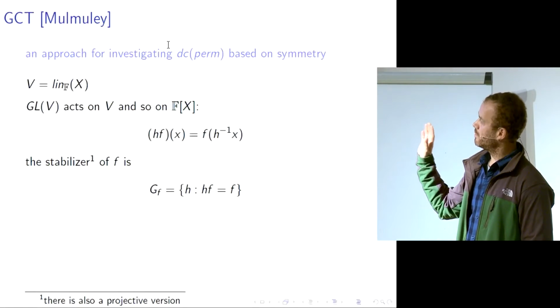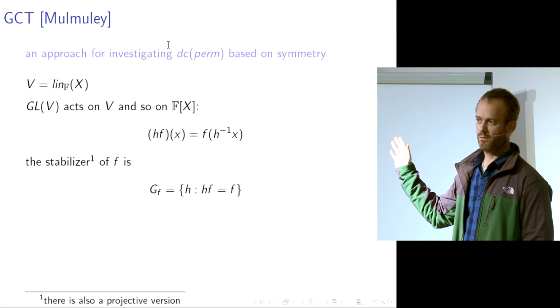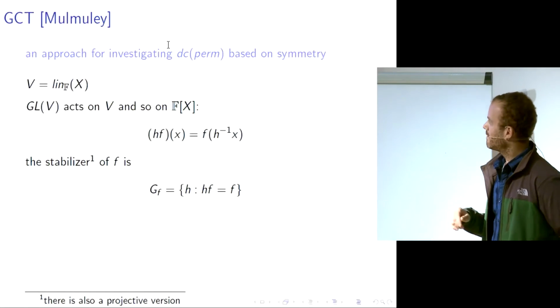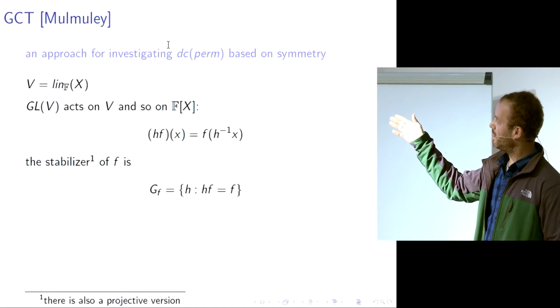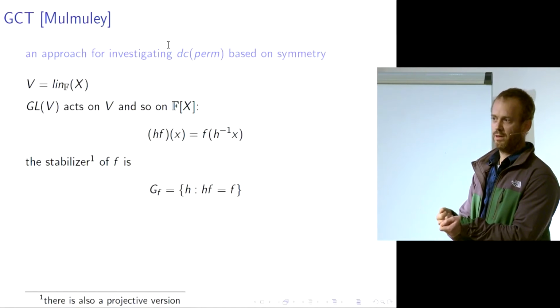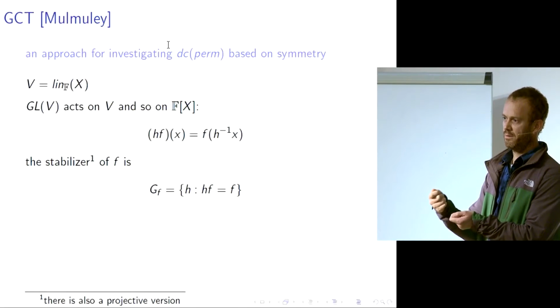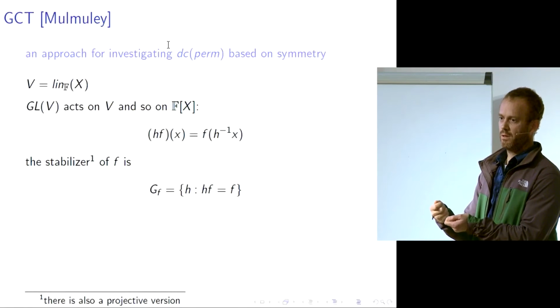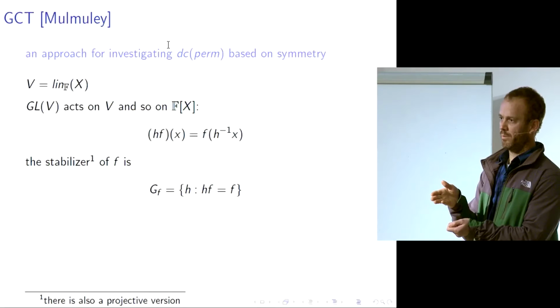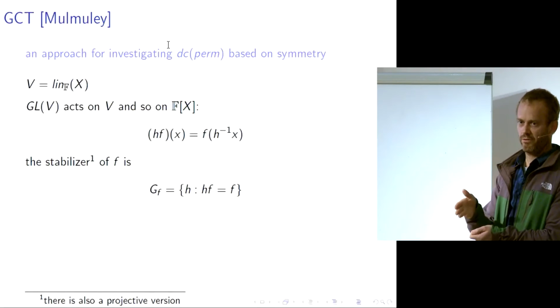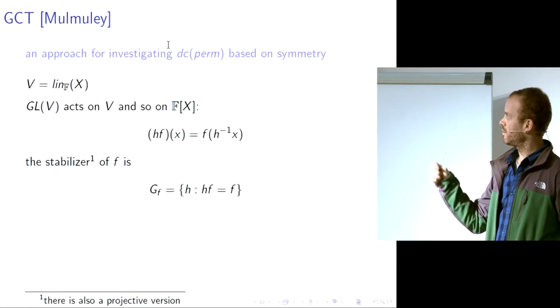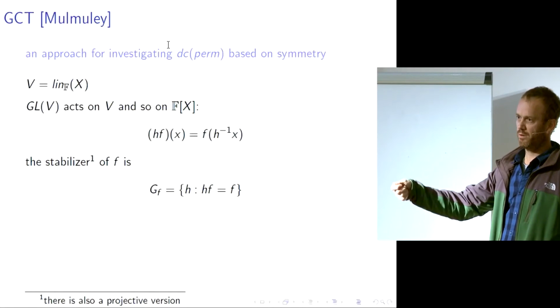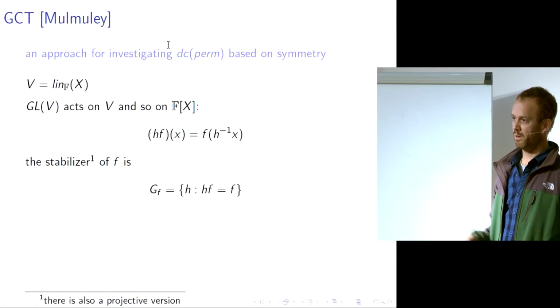So you know all of this, right? Yes, good. Thank you. And then you can look for every single polynomial, what is the group of matrices that fixes this polynomial. In that set of matrices, when they act on this polynomial, the polynomial remains the same.